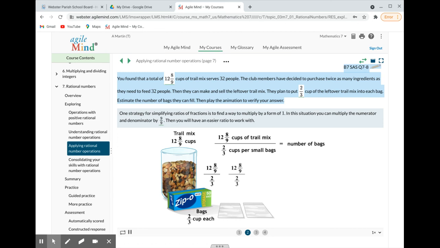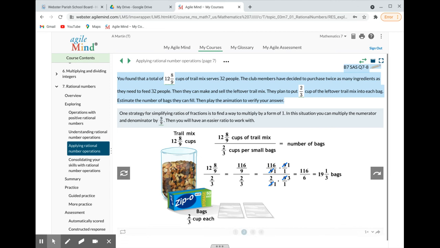So if we take 12 and 8 ninths and convert it to an improper fraction, we're going to get 116 over 9. And then we're going to multiply by 3 over 2. So whenever we do that, we're left with 116 over 6, which means they're going to need 19 and 1/3 bags.